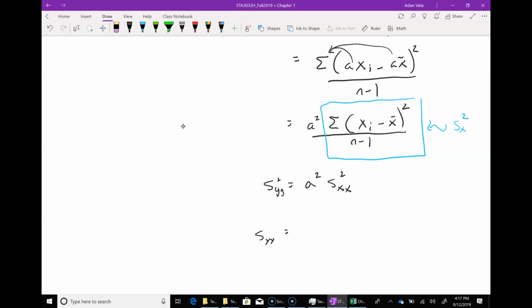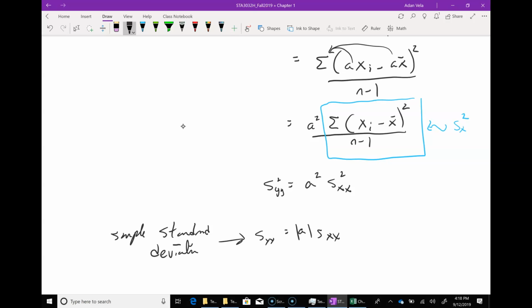We have to be careful because a could be a negative number. There's no reason I'm saying it's positive. So when we take the square root of a squared number, we just get the absolute value. So this is the sample standard deviation of y after a transform.